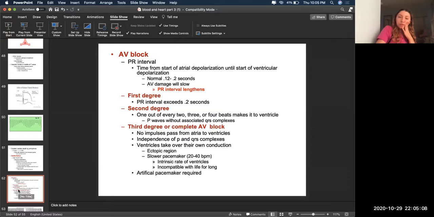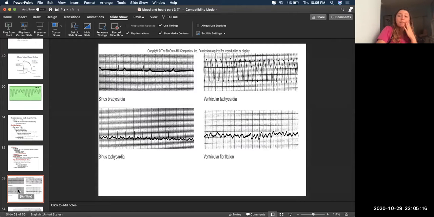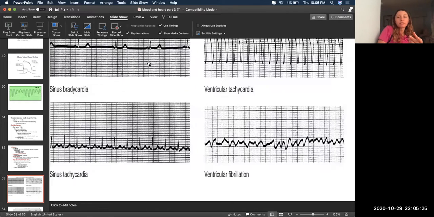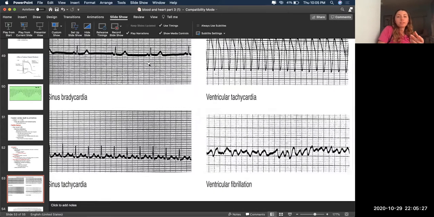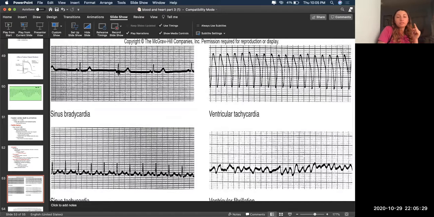All right. So she doesn't talk about this at all. But she did kind of talk about this, so we'll talk about this. Okay, so right here, sinus bradycardia. You can see that it's very, very small, but there's a very little atrial depolarization, right? But it's very slow, very far apart from one another.